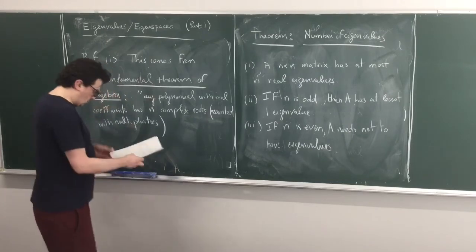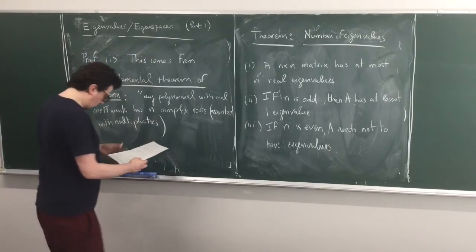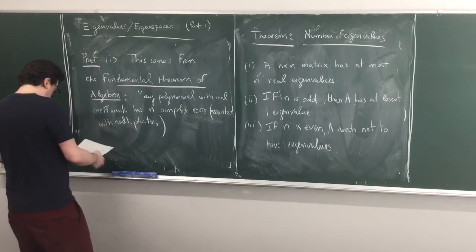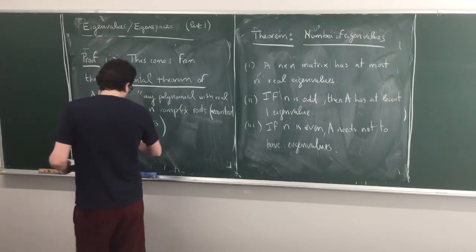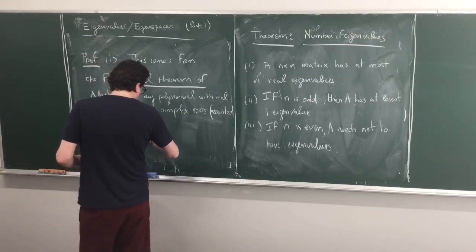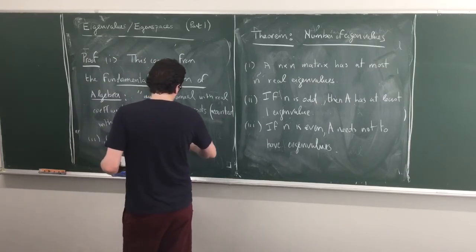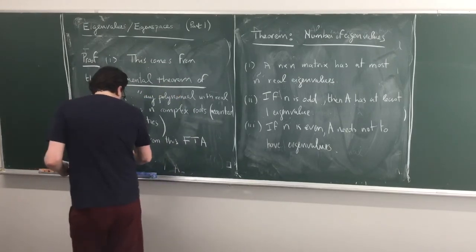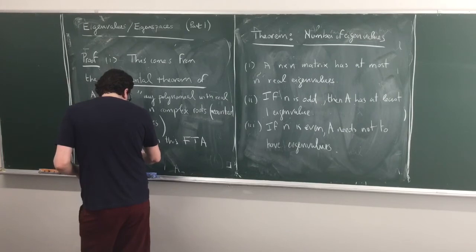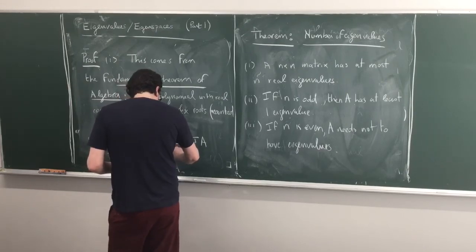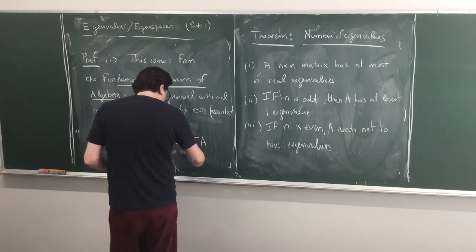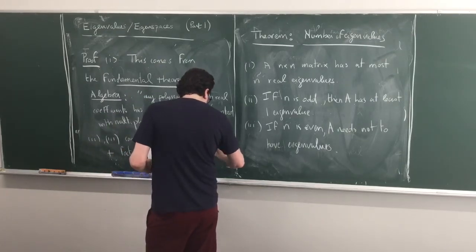So you have these different facts on the polynomials with real coefficients, and so actually facts 2 and 3 come from this fundamental theorem of algebra, plus the fact that complex roots come in pairs.